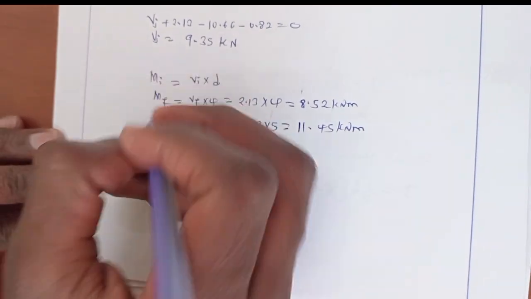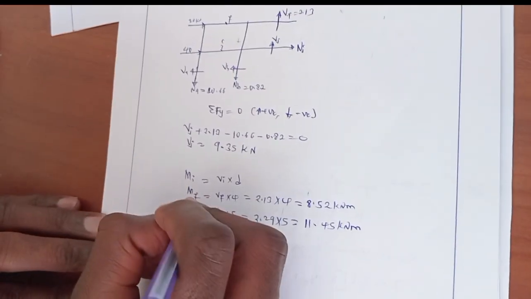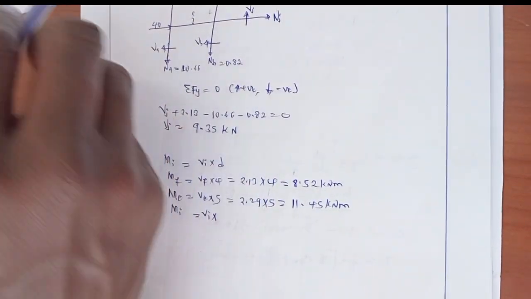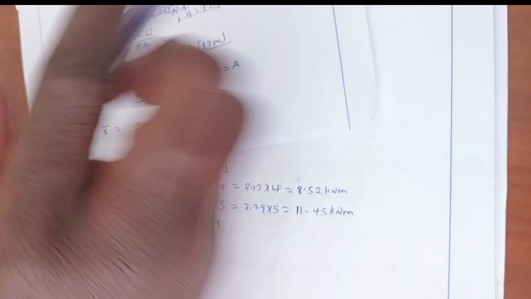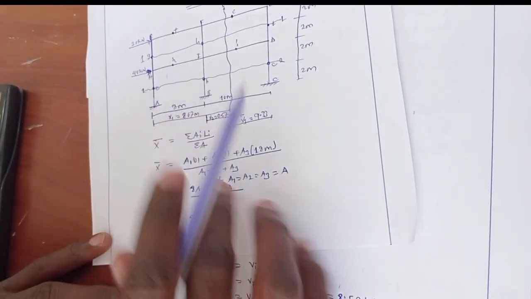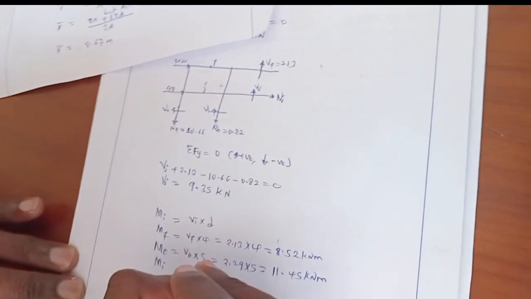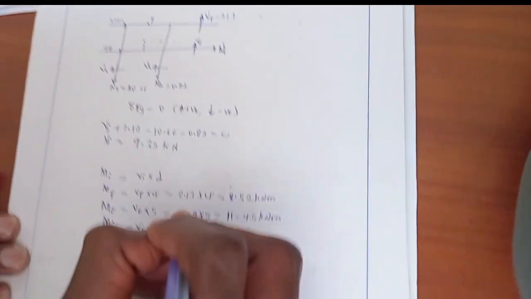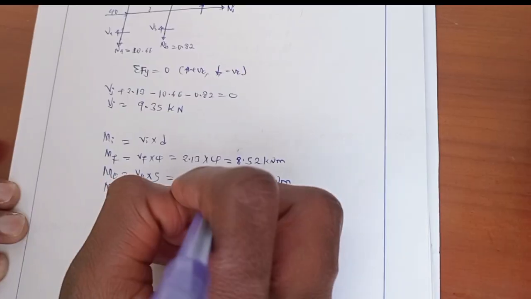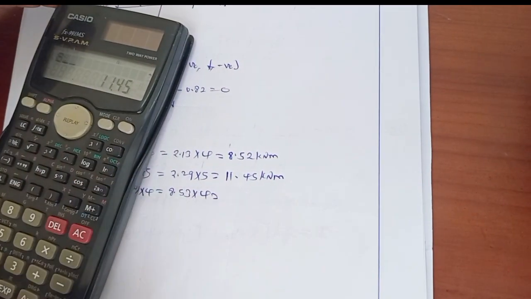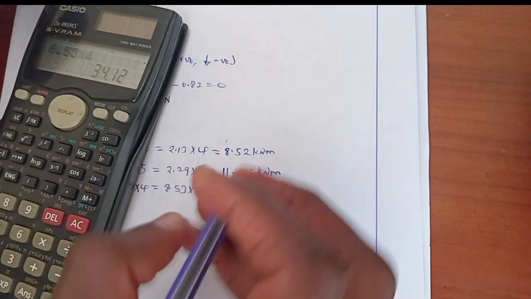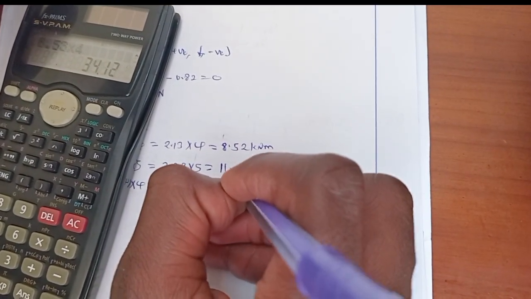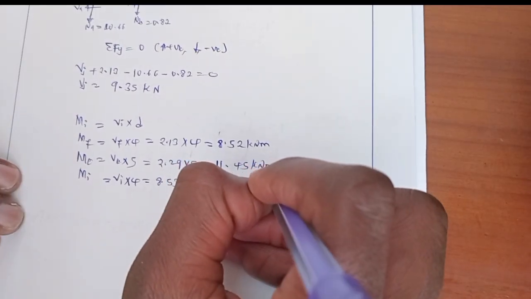Okay, now is VI. MI will be VI times distance. From this point to this point, VI is at the center, so it will be 4. VI is 8.53 times 4, it will be 34.12 kilonewton meter.